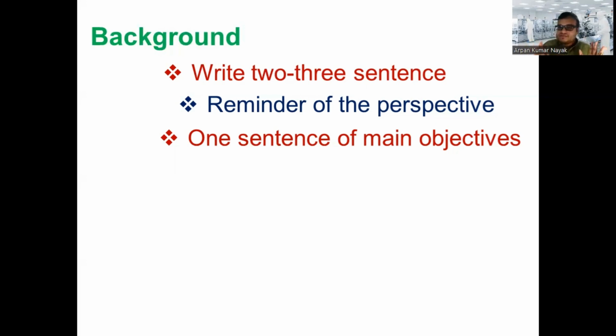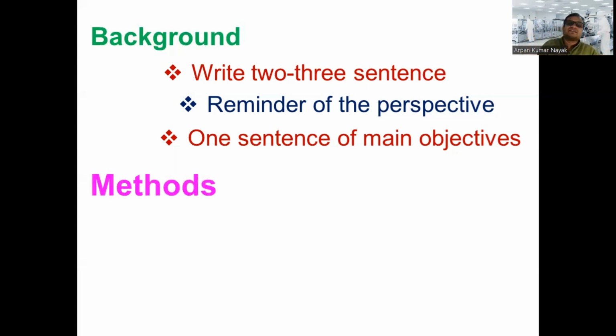So in the first sentence you remind the context, and in the second, your main objective, what you did herein. So this is all about your background. That will be 2-3 sentences; 2 or 3 sentences are enough, and based on your number of words, you can choose.